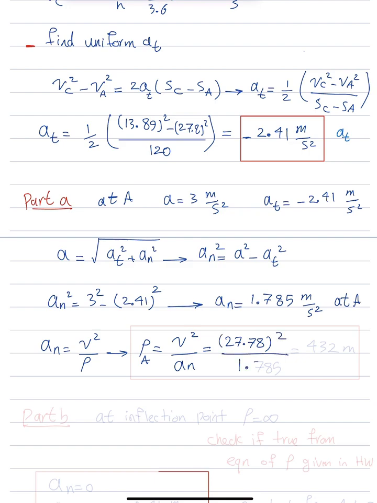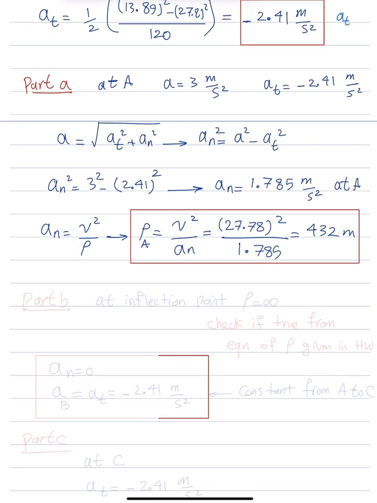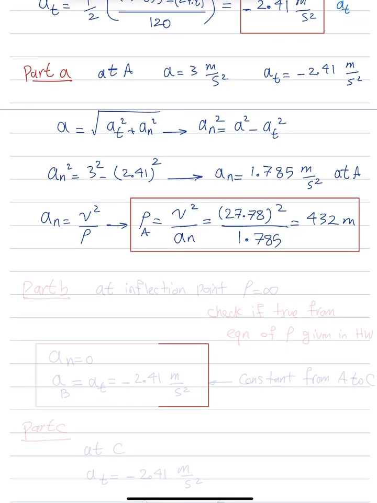AN, we just found that to be 1.785. And that number ends up being 432, and it's meters, right? Because it's a radius. Let me put a big box around this. Okay. So that's part A. That's what it was asking us.